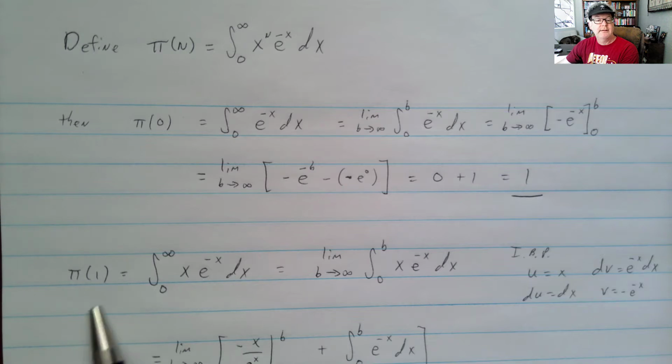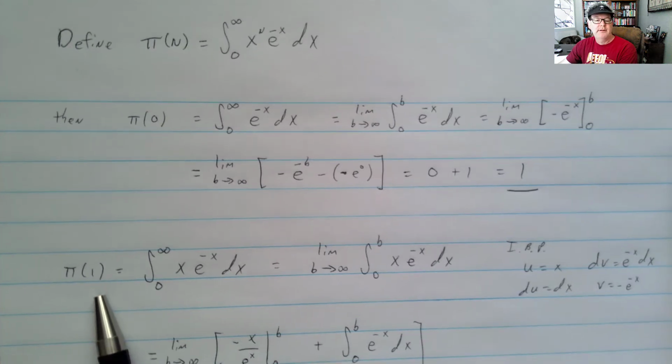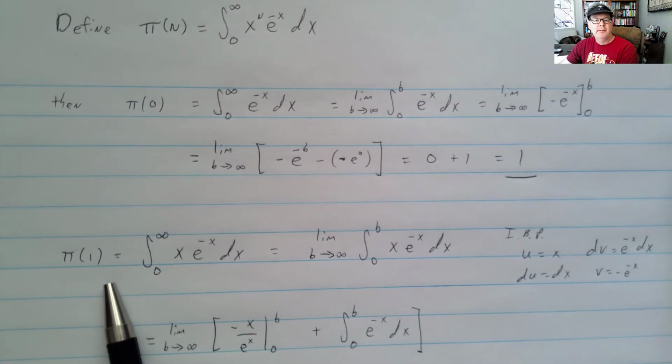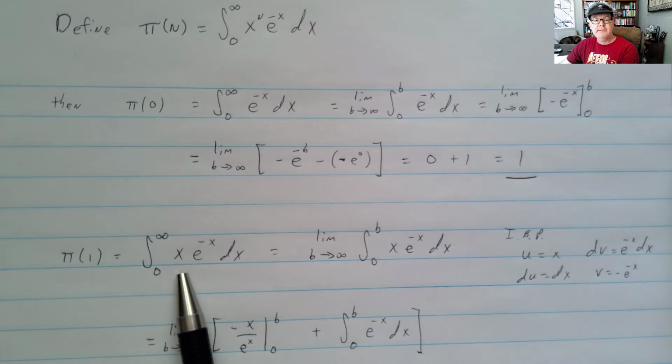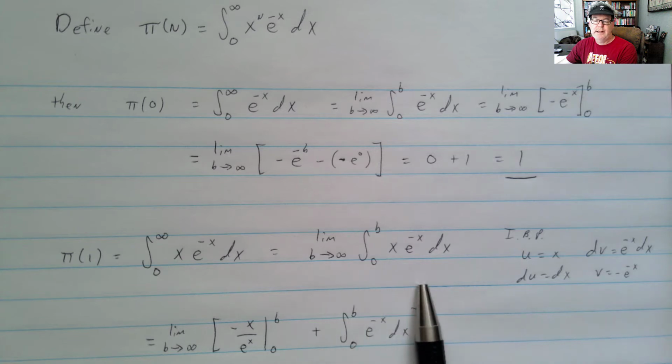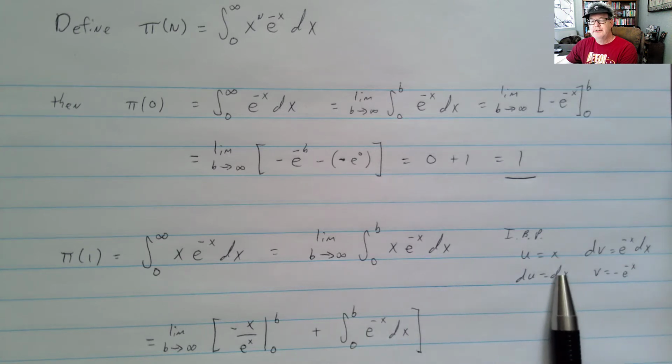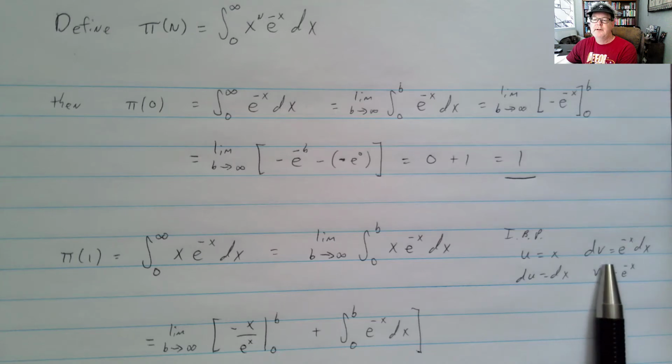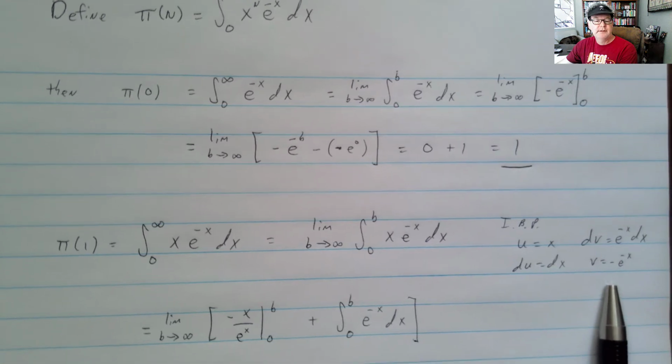Let's look at if we plug 1 in for n. So pi of 1 will be the integral 0 to infinity x to the 1, or just x, e to the negative x. So now I will have to integrate by parts. So we'll let u equal x, du will be dx, dv will be e to the negative x dx, v will be the negative of e to the negative x.